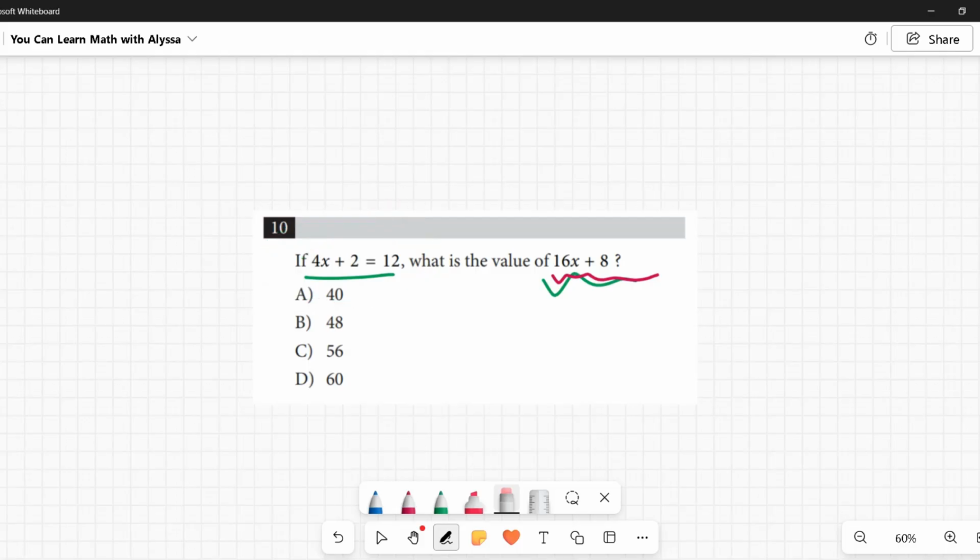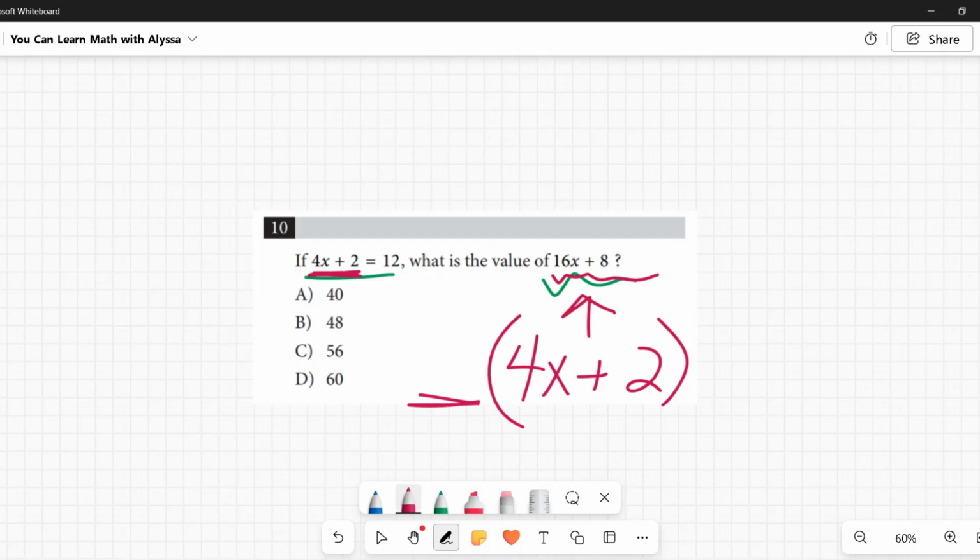Again, 9 times out of 10, at least, you can take that first equation, in this case 4x plus 2, we'll forget about the 12 for just a second. You can take this one and multiply it by something to get to that other equation. It's all the time. They do this so often.